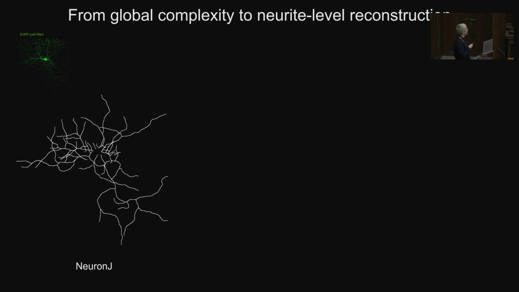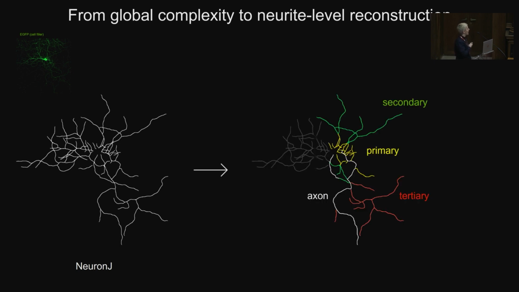These tools allow you to obtain the dendritic arbor of the cell type, and beside that, you are also able to assign different colors and therefore obtain different measurements for the different types of neurites that compose the neuron based on the trajectory and also on the branch order. In this way, you can move from a global information to a neurite-specific information.